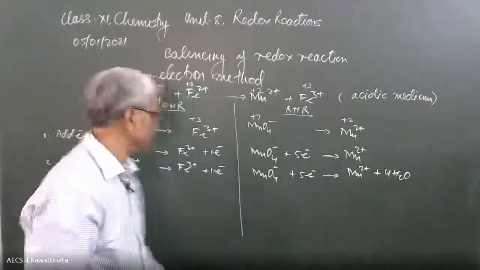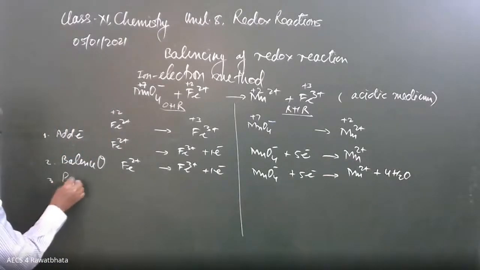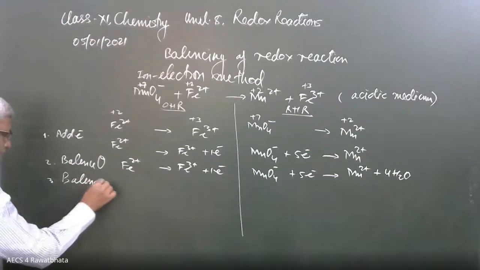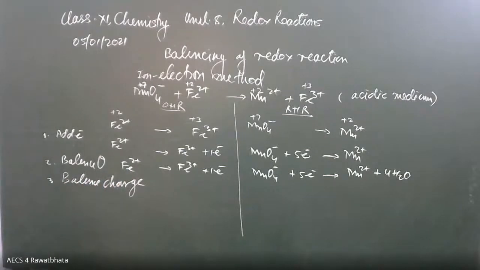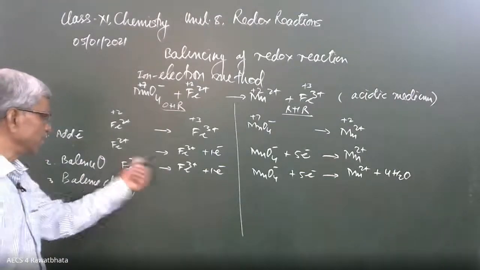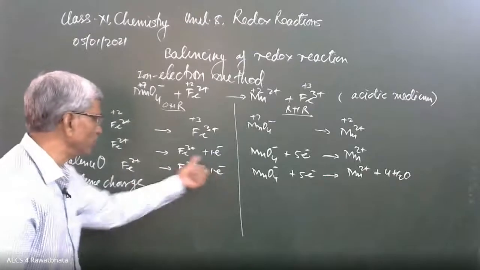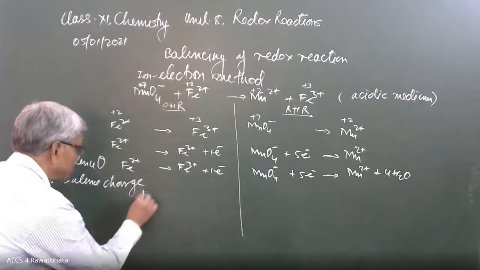Step 3, balance charge. These are the 3 basic steps. Here charge, 2 positive overall charge, and here 3 positive, 1 negative, overall charge is 2 positive. It is balanced. So carry on as such.